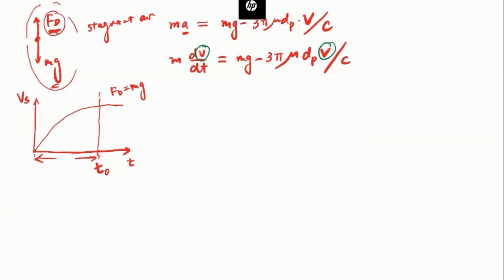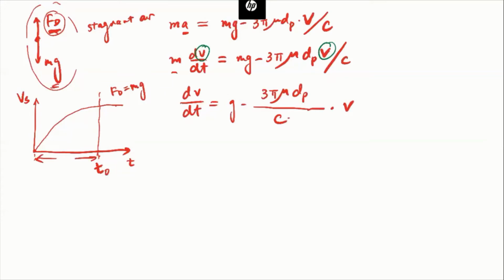So let's do another change here. We need to divide m on both sides. So we have dv/dt equal to g minus 3 pi mu dp divided by c. Let's put our velocity outside, okay?